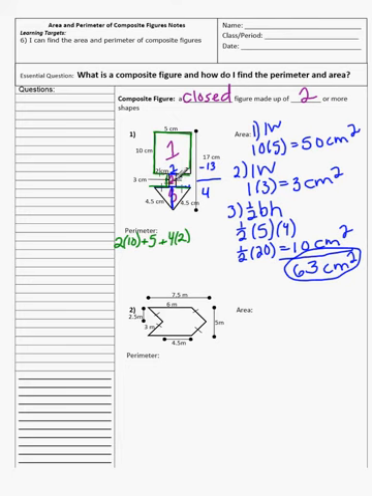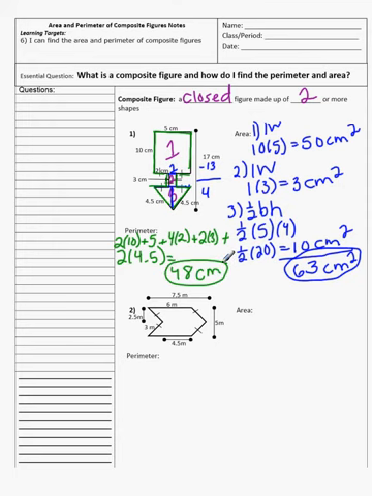We have 1, 2 sides of 3. And we have 1, 2 sides of 4.5. So when we add those all together, we get that the perimeter of this figure is 48 centimeters.